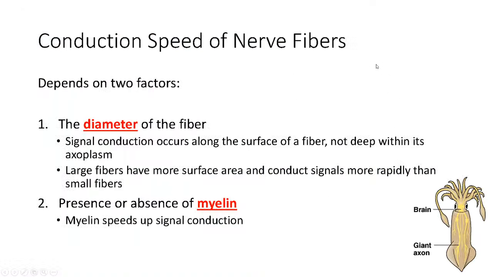So two factors affect the rate of conductance along an axon, and that's going to be the diameter of the fiber and the presence or absence of a myelin sheath. The diameter of the fiber is very important. The greater the diameter of the fiber, the bigger it is across, the faster the signal is going to travel down the axon.